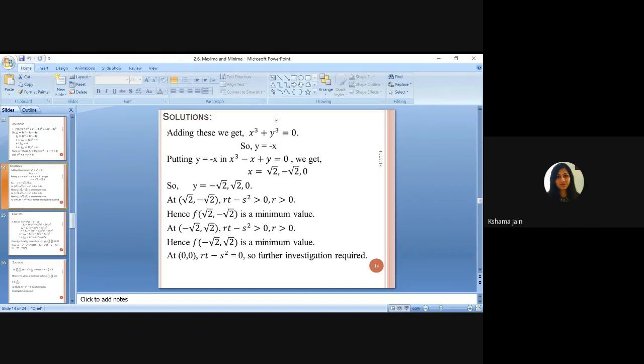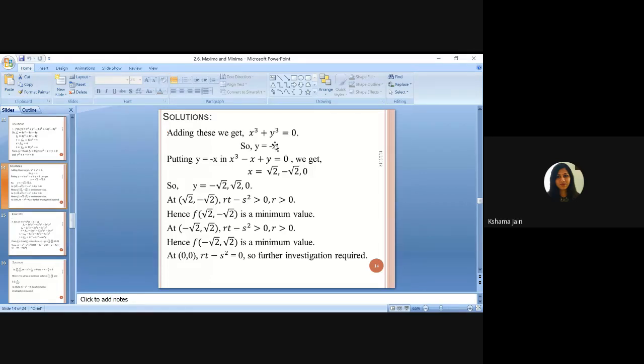So here we have added those equations and we got x cube plus y cube equals 0. Now we know the a cube plus b cube formula you can apply, that is (a plus b) in one bracket, another bracket (a square plus b square minus ab).